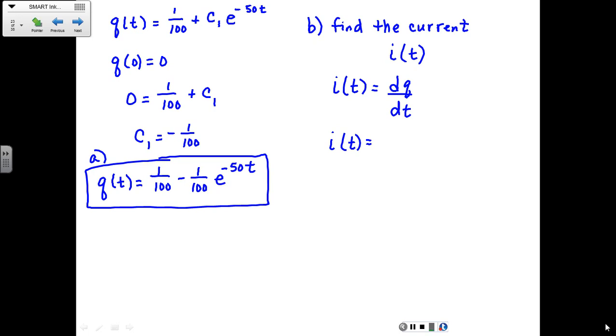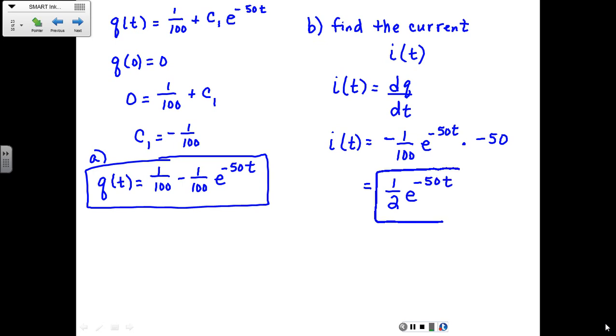So it's going to be negative 100 e to the negative 50t times the derivative of negative 50t, which is negative 50. That's what you were saying, Austin. 50 over 100 is what? 1/2 e to the negative 50t. That is the I of t function.